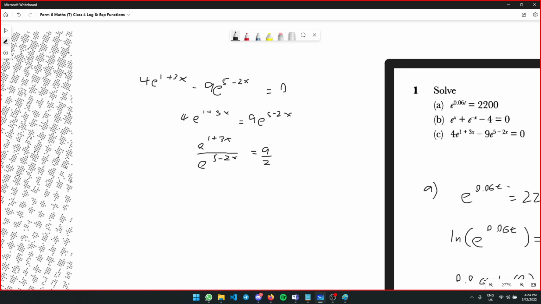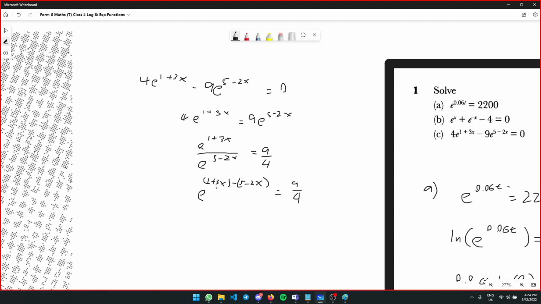Since these are the same base number, you can say this is a minus. We just move them all into the power. Sorry, not 9 over 2, it is 9 over 4. So we can say e^((1+3x) minus (5-2x)) equals 9 over 4.